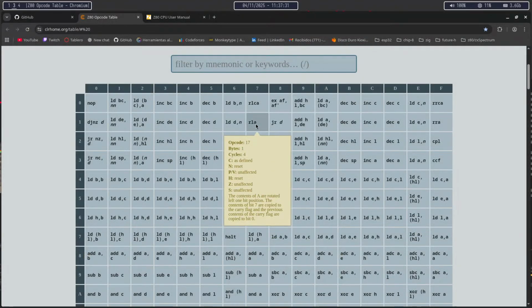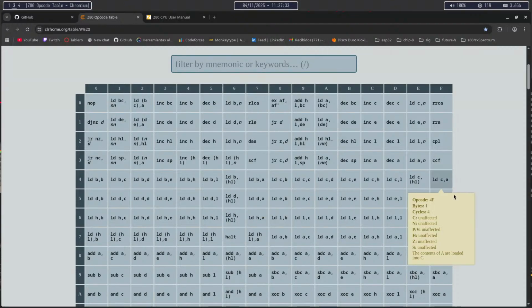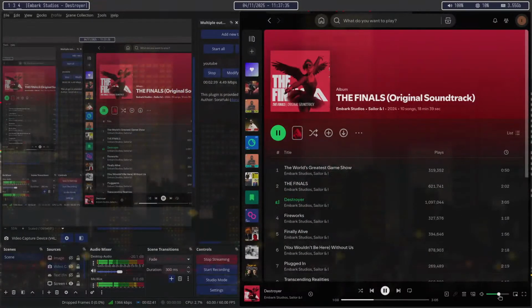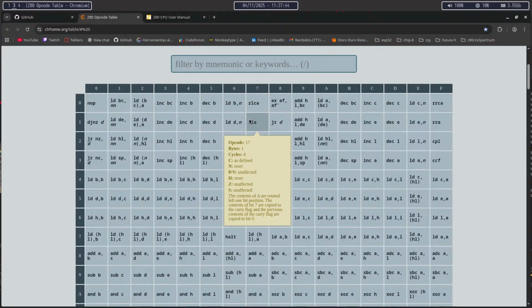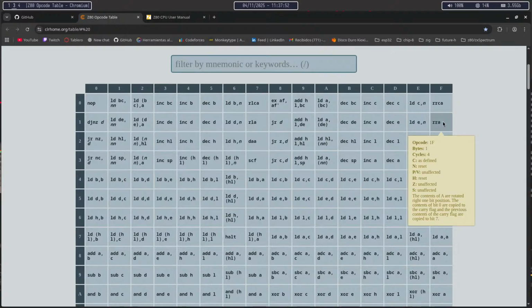So this is to the left. Alright. So this is rotated to the left 1 bit position, and the contents of bit 7 are copied to the carry flag, and the previous contents... Okay, so I'm guessing this is the same, but to the right.